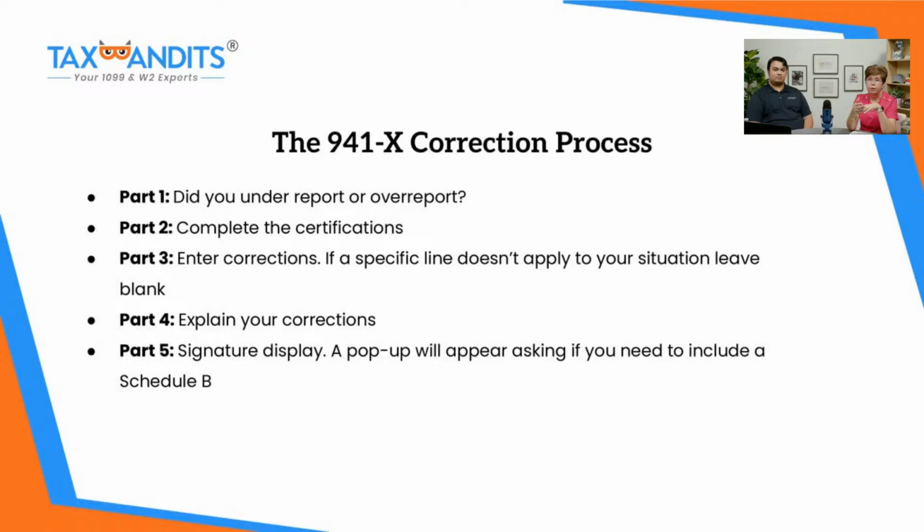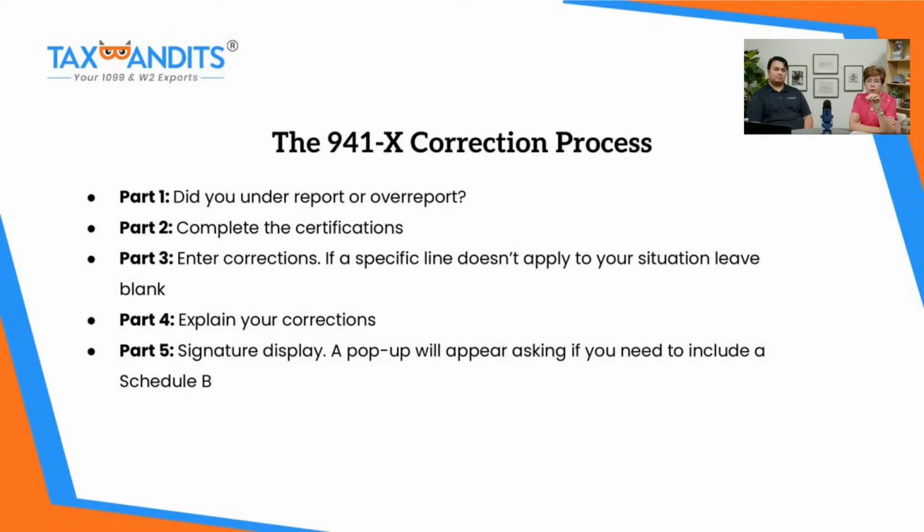Basically, if you underreported and you're reporting the missing figures now, if you've already submitted your W-2s, you're going to certify that you're going to do W-2Cs because you want everything to balance.